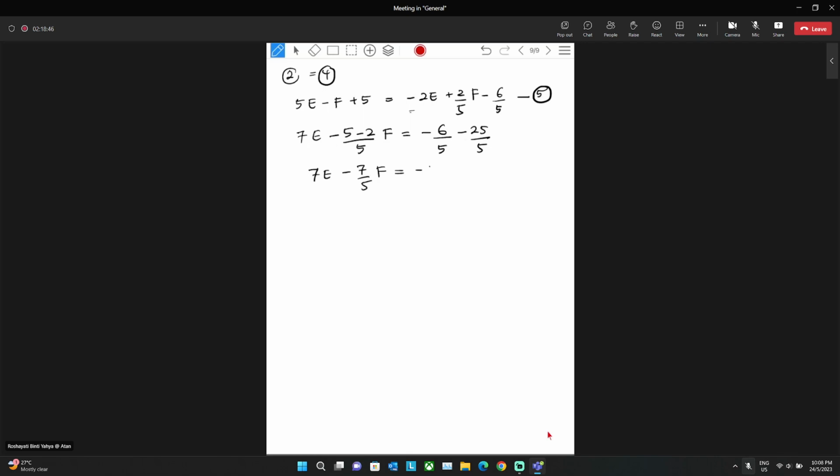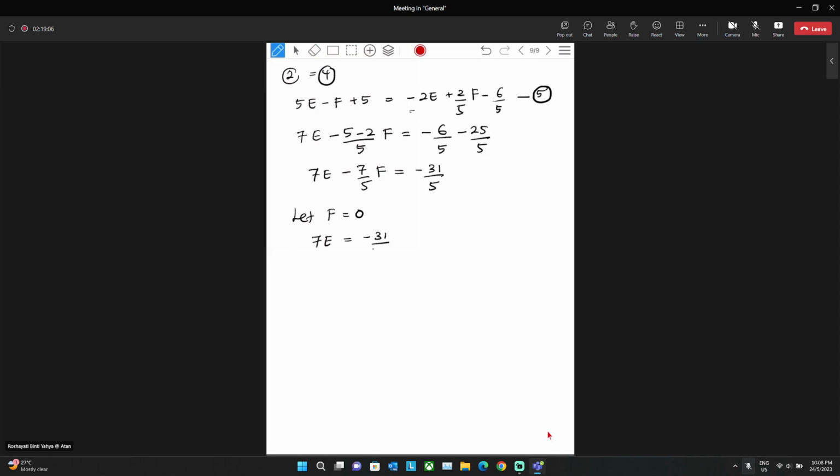So here, let F equal to 0. So this becomes 7E equal to negative 31 over 35.